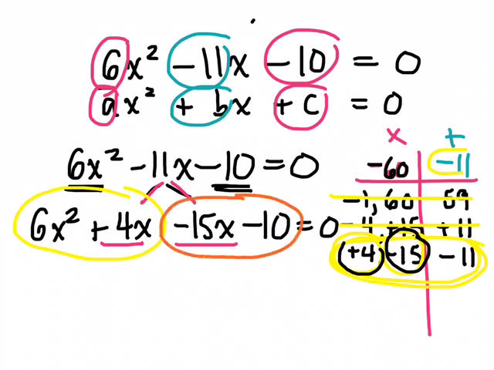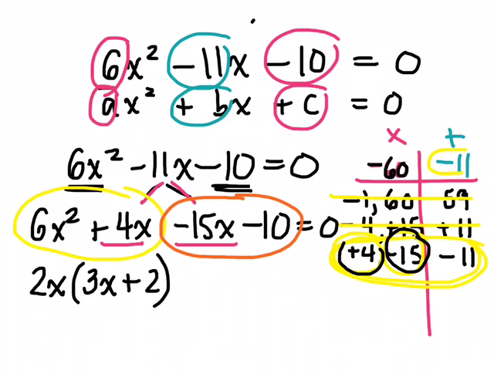Okay, what are the greatest common factors of 6x squared and 4x? What can both of those terms be divided by? 2x. So what's 6x squared divided by 2x? 3x. And then 4x divided by 2x is 2.